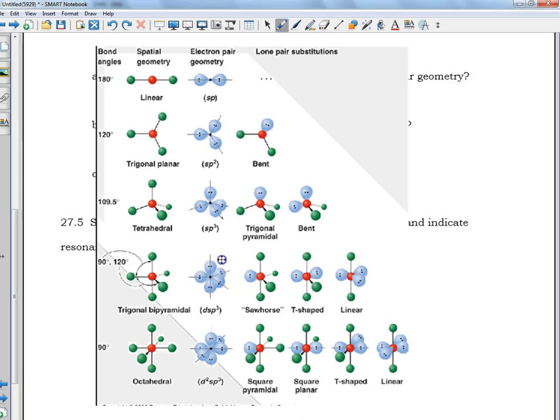We have 3 arranged just like our trigonal planar, and then 1 above and 1 below. And 6, we get 4 in a plane, and then 1 coming off the top and 1 coming off the bottom.